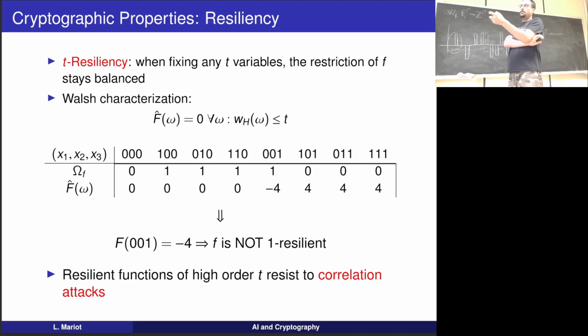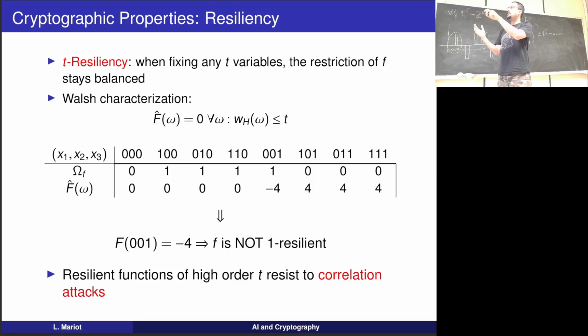So resiliency is easy to characterize with the Walsh transform because it is similar to balancedness. As a matter of fact, if you set t to 0, you get exactly balancedness. Why? Because when you fix t variables, it means that you need to consider in the truth table all the vectors that have Hamming weight at most t.